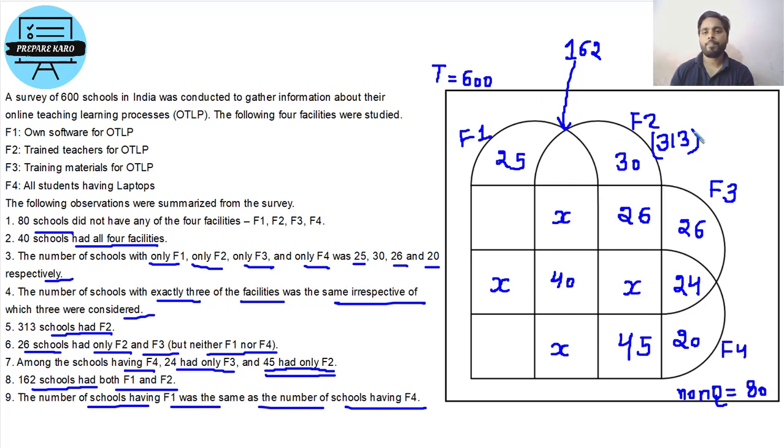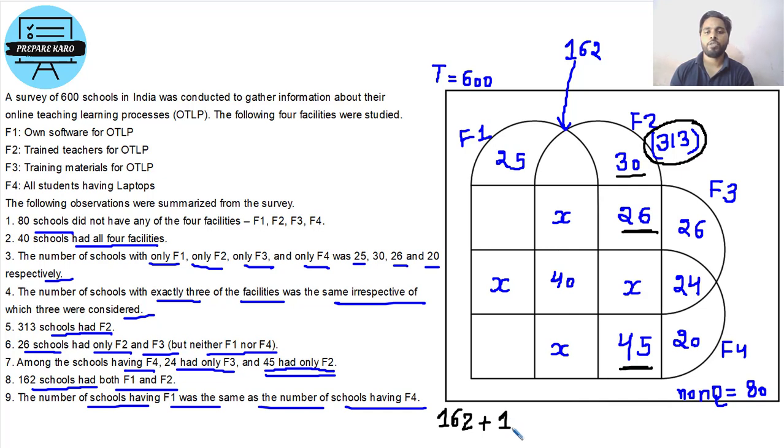Can I say this total is 330? This total is 330, right? So, and this one is 162. Okay. Can I say 162 plus 30, 26, 45? 30 and 26 is 56 and 45 is 101.